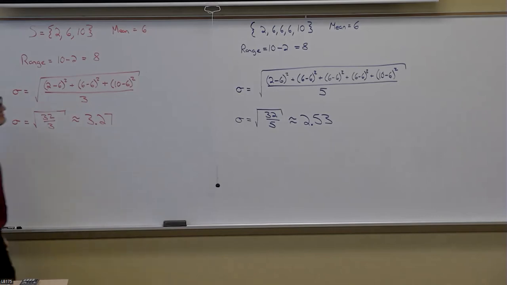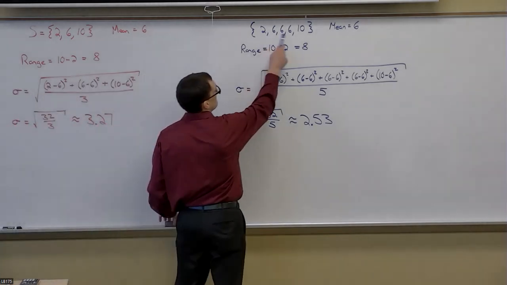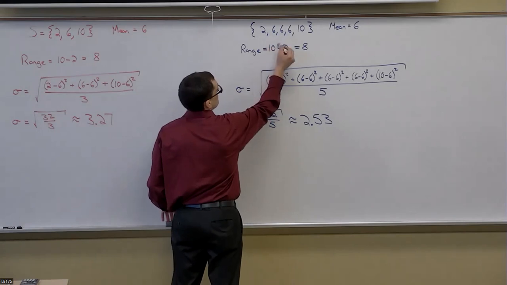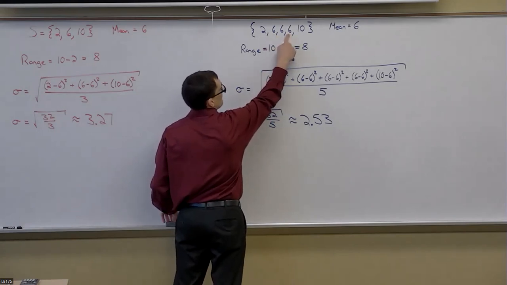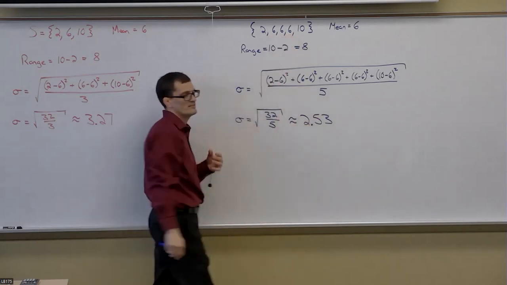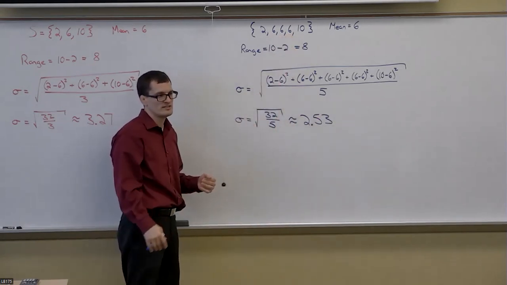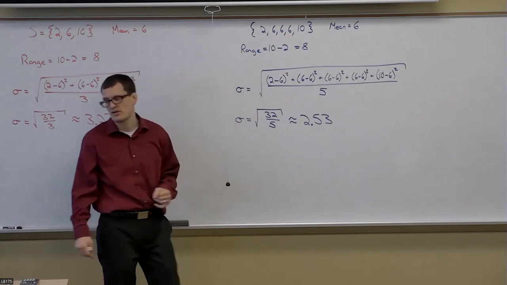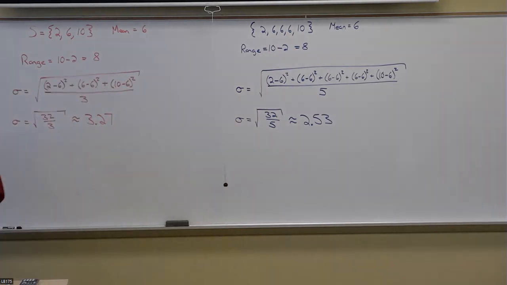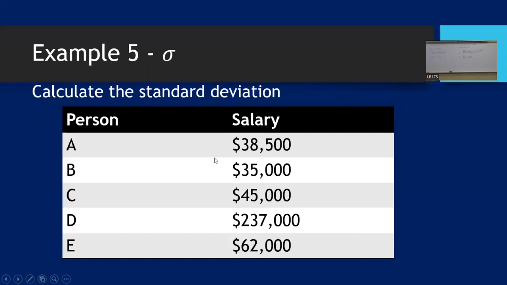Now, if these numbers happened to not be 6s, if this number was like a -8 and this number was like a 42, then obviously the standard deviation would be a lot more than this. So that's the idea.